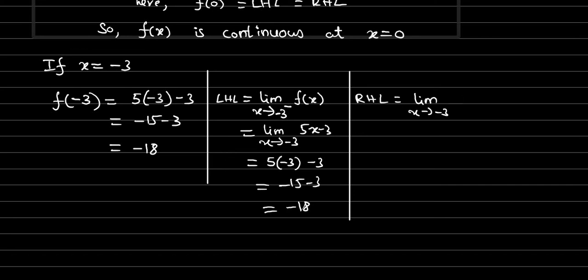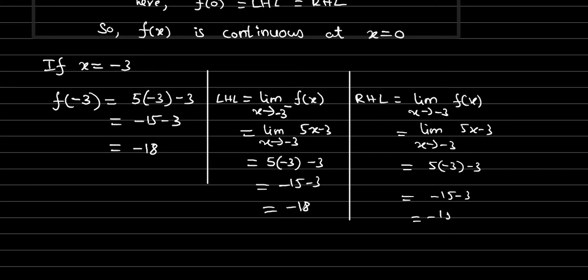So here also, in place of x, directly we can replace minus 3 itself. The function is 5x minus 3. Now applying the limit, 5 of minus 3 is minus 15, minus 3, that is minus 18 we are getting. So when x takes exactly minus 3 we get minus 18, and close values of minus 3 on the left hand side as well as the right hand side, approximately we are getting minus 18 only.